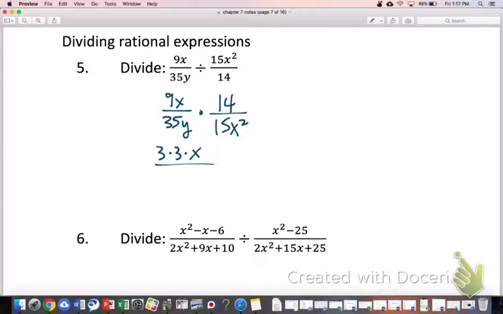Yeah, we're going to cross reduce here in a second. I'm just going to show you the mechanics of it. 35. What would be a useful factoring of 35? 5 and 7. Yep, so 5 times 7 times y. 14, we could factor that as 2 times 7. 15 would be 3 times 5, 5 and 3, yeah. And then x squared would be x times x.